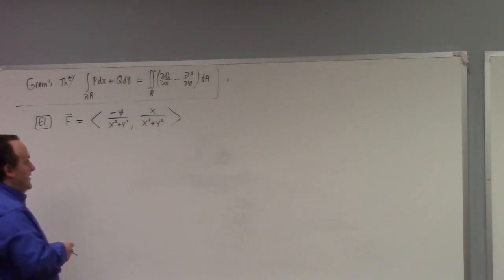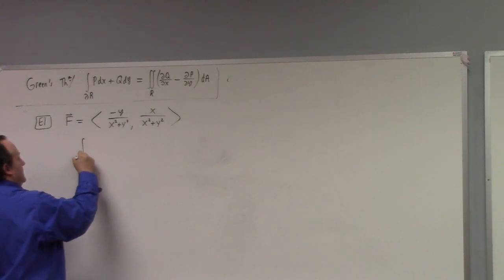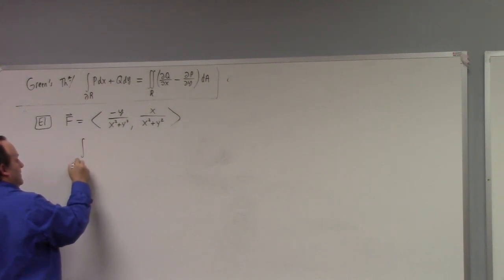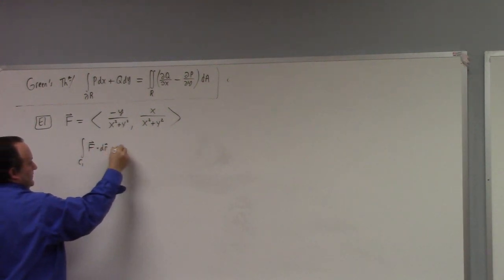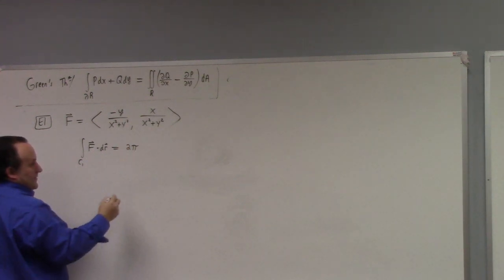Now we have calculated that the integral of this over the unit circle C1 was equal to, remember we worked it out, 2 pi.